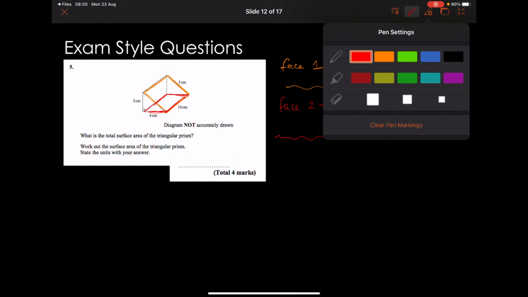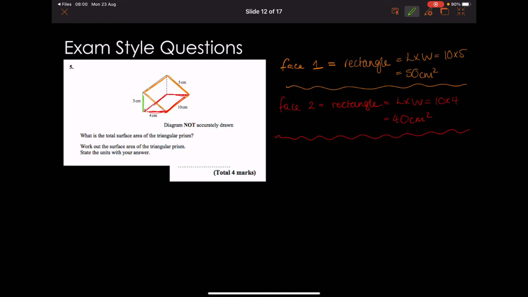Now we've got this back rectangle here, and this is going to be 10 by 3, because this is still 10. So face number 3 is also a rectangle, and we do 10 times 3, which is 30 centimeters squared.